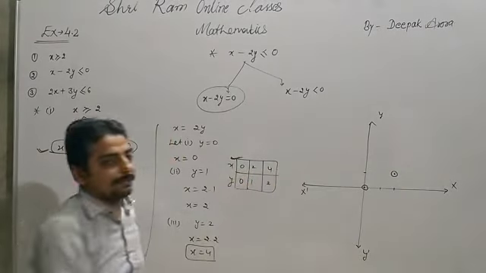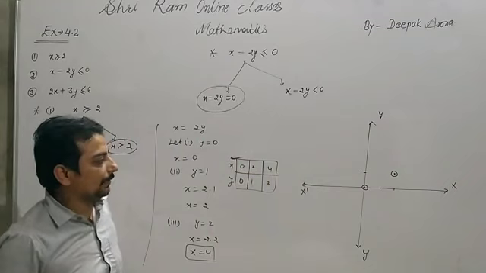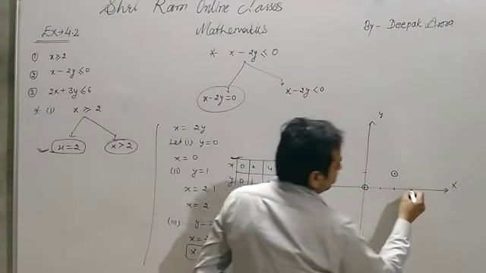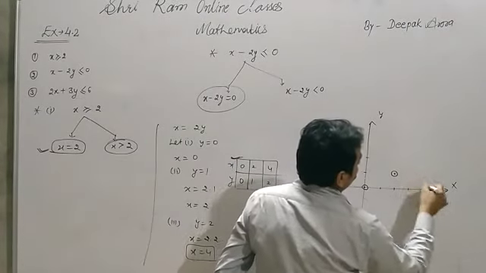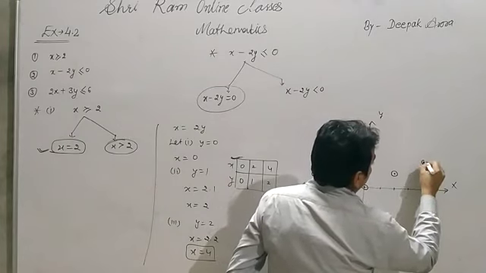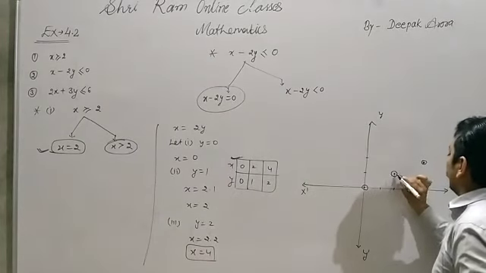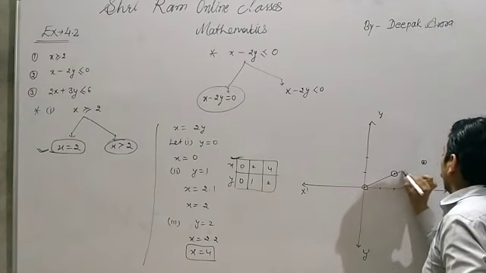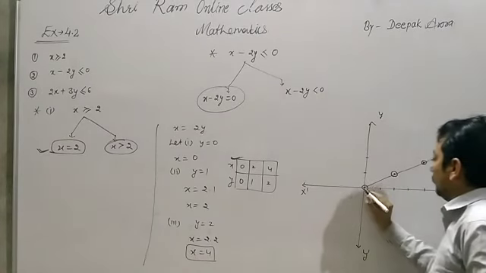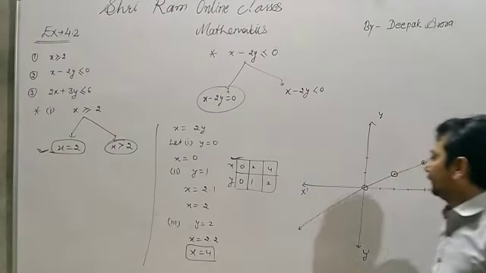The third is y equal to 2 then x equal to 4. Now we pass the line through these points.